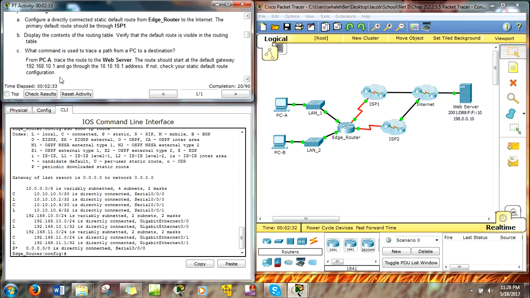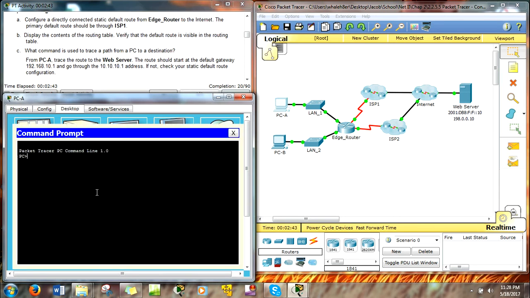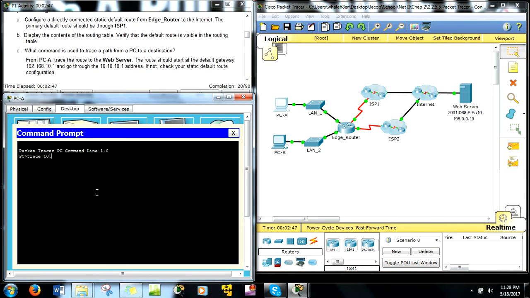Good job. What command is used to trace a path from the PC to a destination? Well, let's pull up PCA. That's the one who wants to do it. We want to do it to the web server. Okay, command. We're going to trace 198.0.0.10. Oh, it's supposed to go through that one.